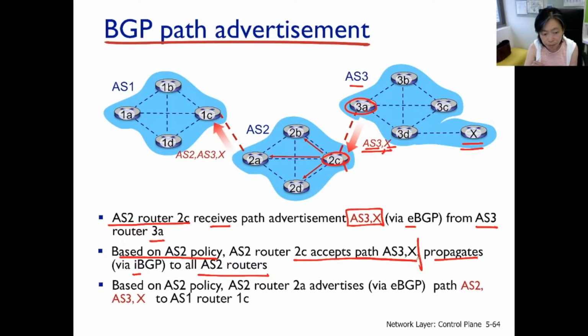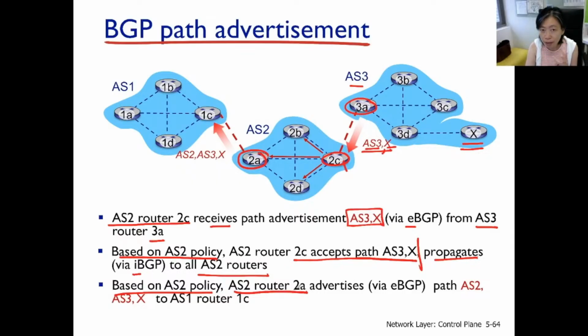And then 2A here, receiving such a path, can then prepend itself and pass it further to the neighboring ASs. But wait, the export policy is applied here before passing on of the advertisements. Let's check.